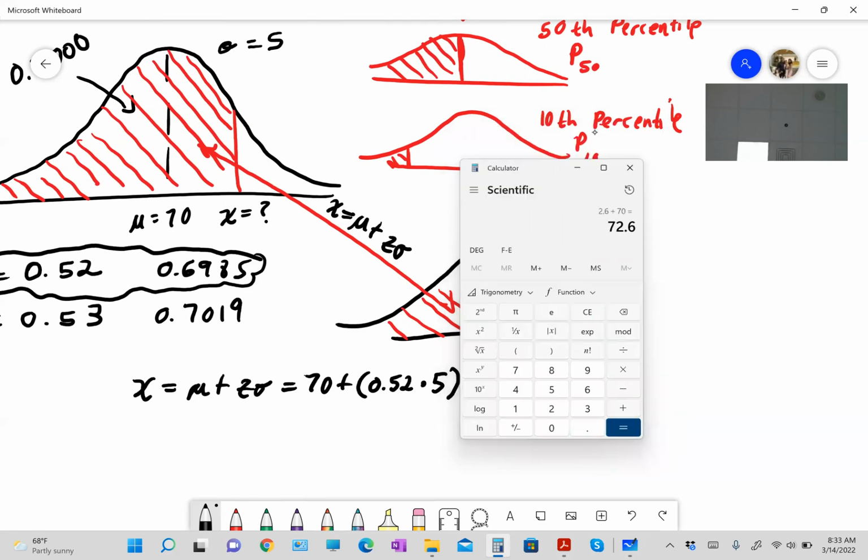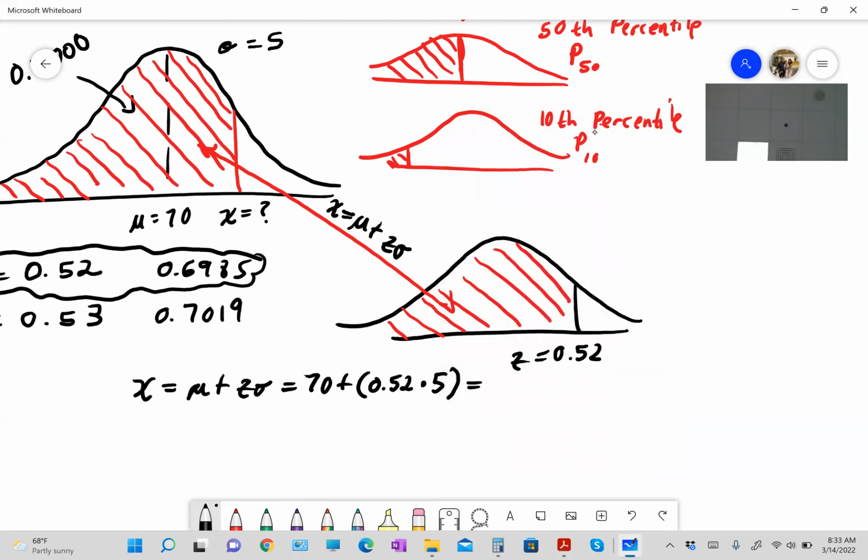That's 72.6. So x equals 72.6, and that's our answer. That's all we got, and that's your quiz.